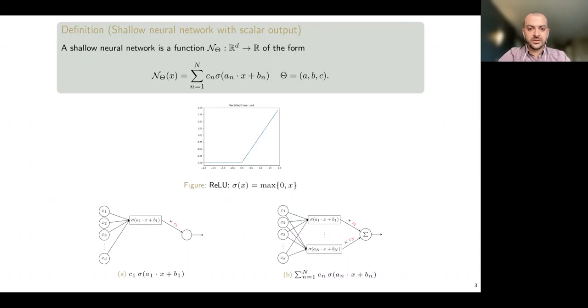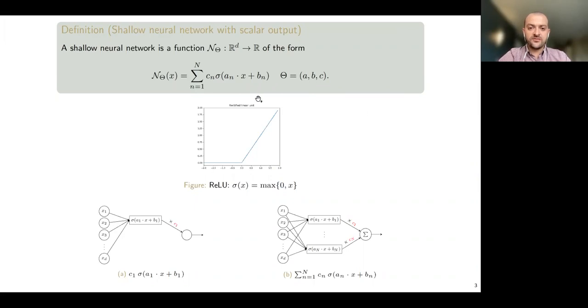So we have a shallow neural network, which is a function of the form sum i equals 1 to n, c_n sigma of the inner product of a_n with x plus b_n. Here the parameters are the a, b, and c: the vectors a_n, and b_n and c_n are the unknown parameters. We're trying to train a network with these parameters to fit our data.